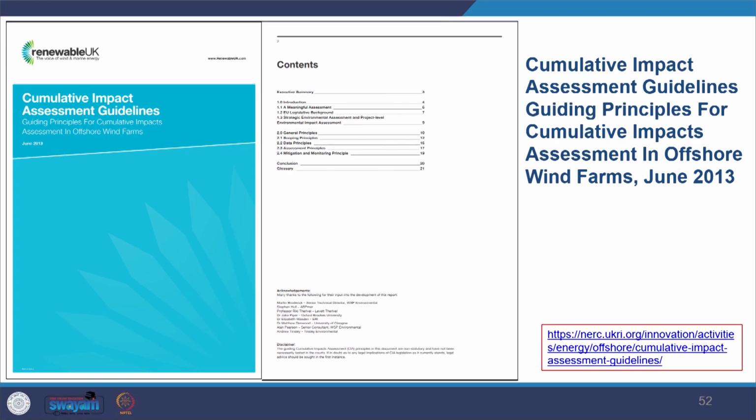Here you can see, for renewable energy, the cumulative impact assessment guidelines are very detailed. You can see how cumulative impact assessment has to be undertaken for offshore wind farms. So if you are interested in this particular domain, you can look at it, and it also helps you see how cumulative impact assessment is undertaken.